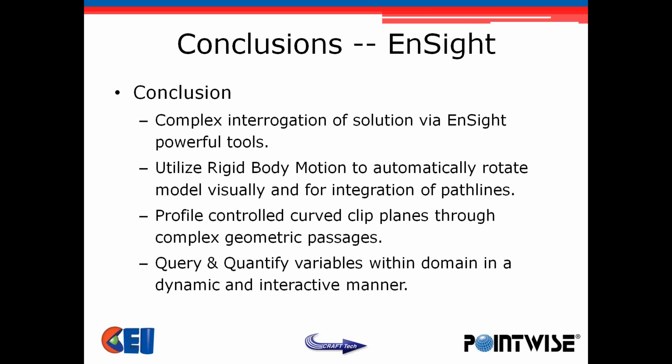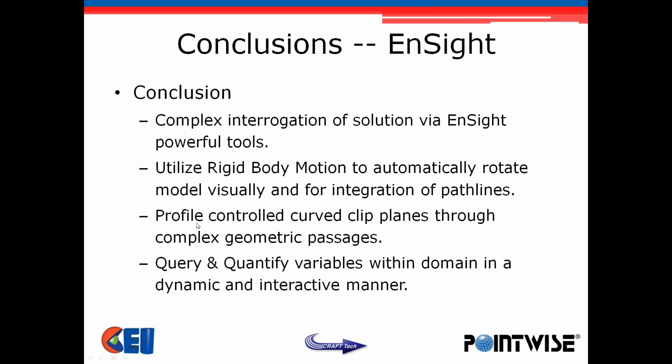So in conclusion, we have this complex solution that we'd like to use a powerful post-processor on to extract the information we need. We've been able to utilize rigid body motion to automatically rotate the model. This also helps with the integration of path lines through that transient domain. So if you have fans or pumps, we can automatically update and integrate correctly for path lines.